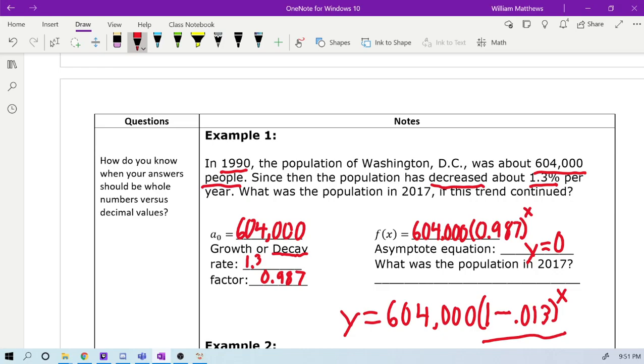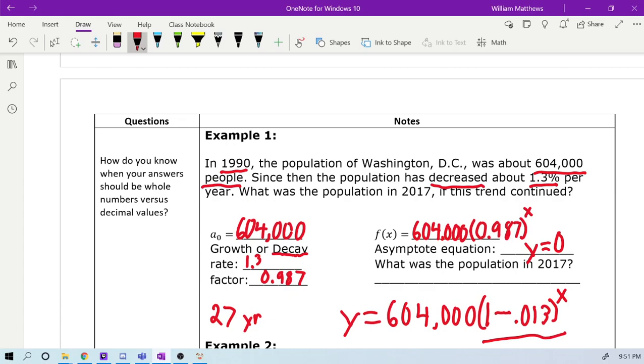Now, it asks for what the population is in 2017. So if we go from 1990 to 2017, that is a total of 27 years. So we would substitute 27 in for x.